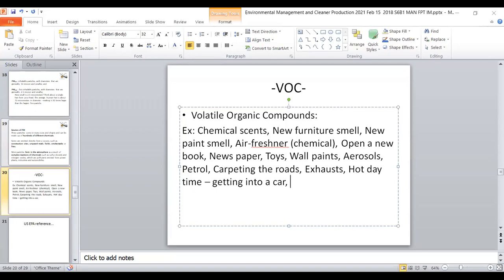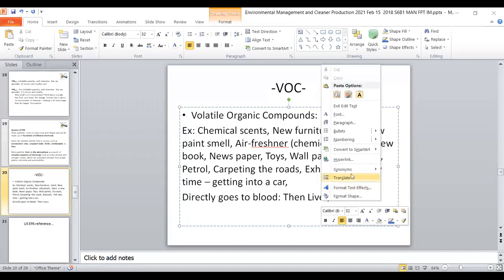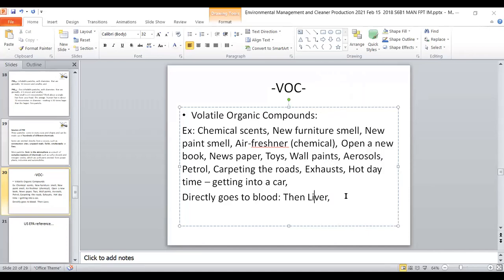VOC. Okay. The issue with VOC is it goes directly to the blood, then to the liver.